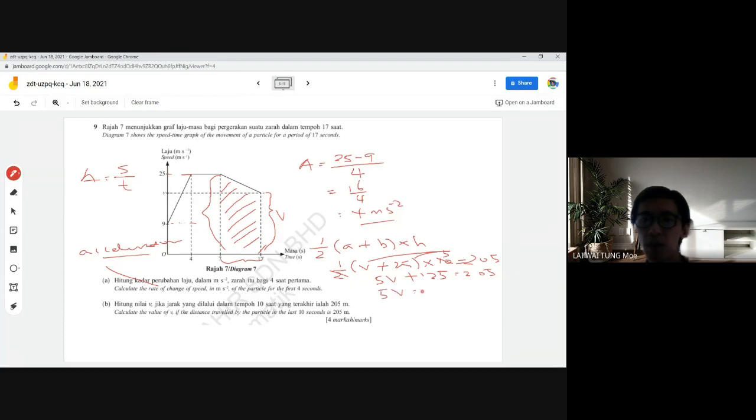So you will get 205 minus 125. What is the answer here? 80. And finally, your V will equal 80 divided by 5. Answer is 16. Am I right? So 16. That is your answer for B.